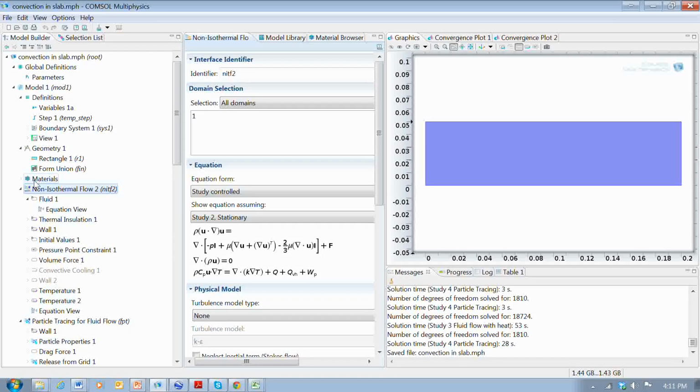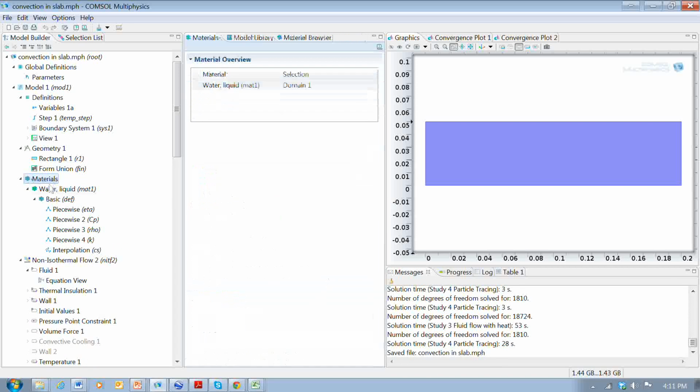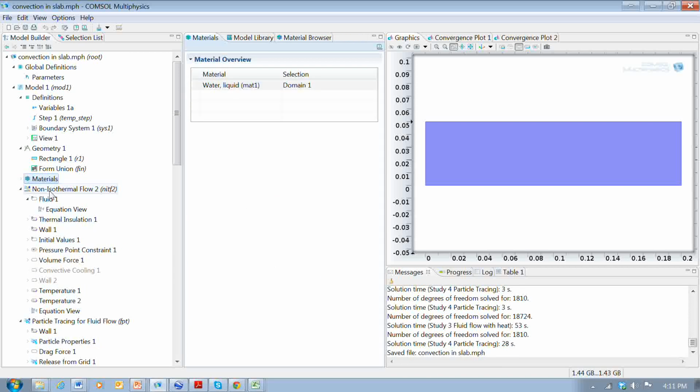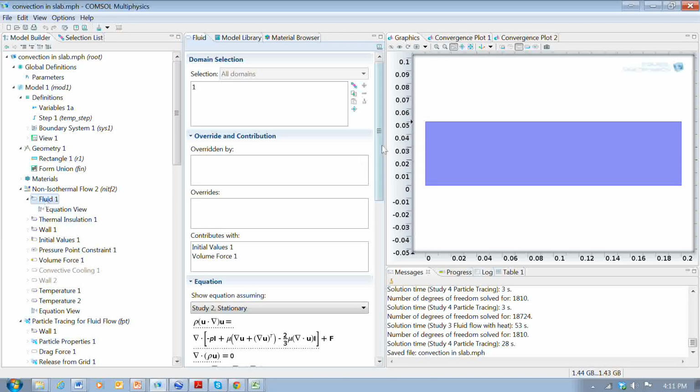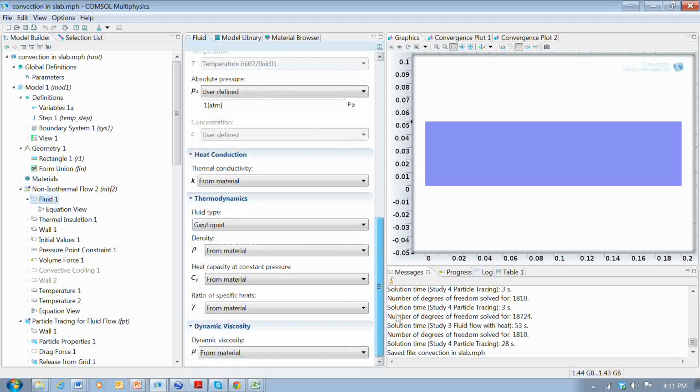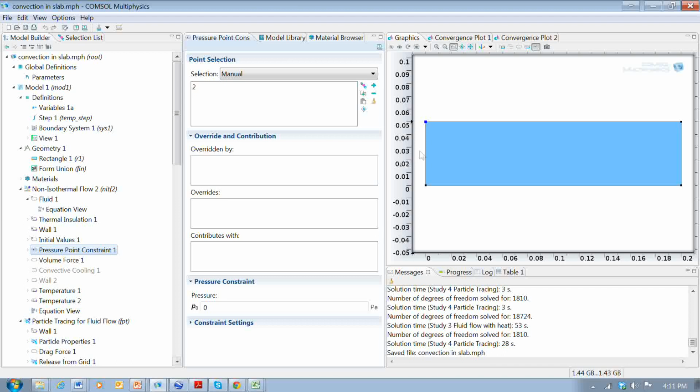There's water set up in the materials, and in isothermal flow, this is all just defaults from the materials, and you want to put in a pressure point constraint. I just use the upper left hand corner and set the pressure there equal to 0.